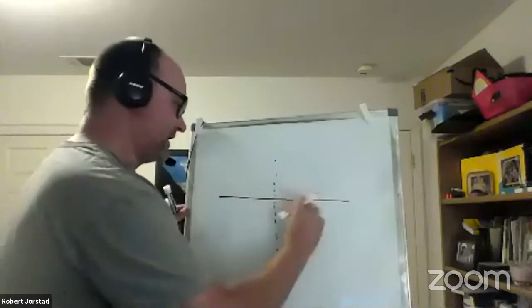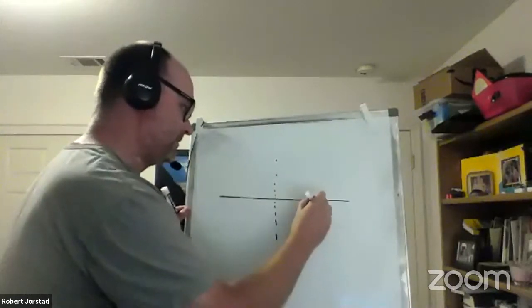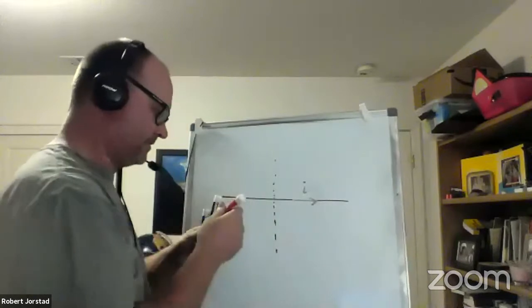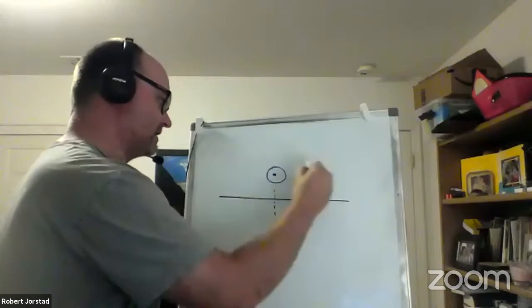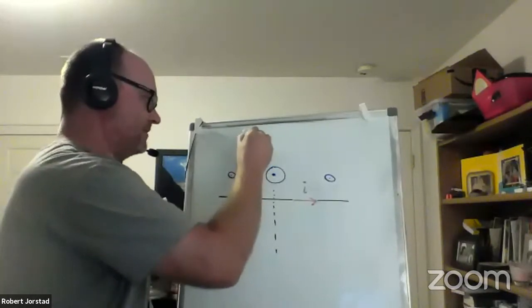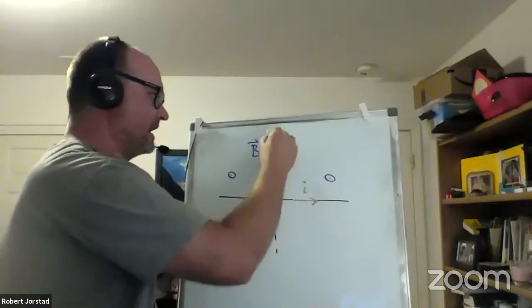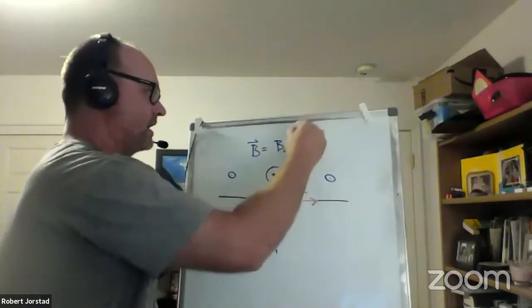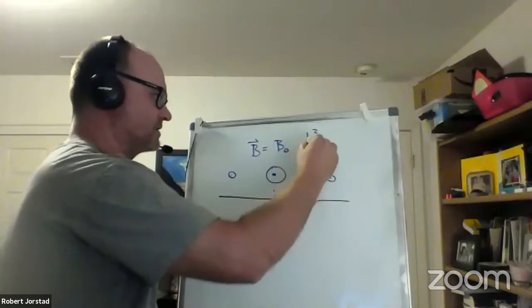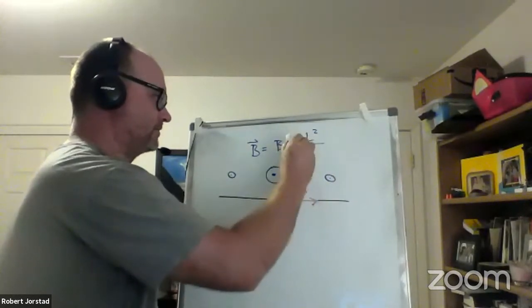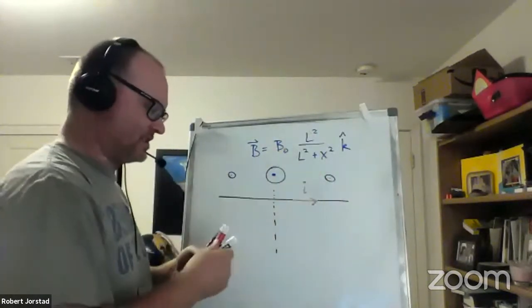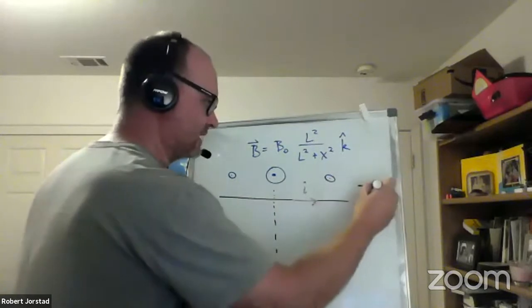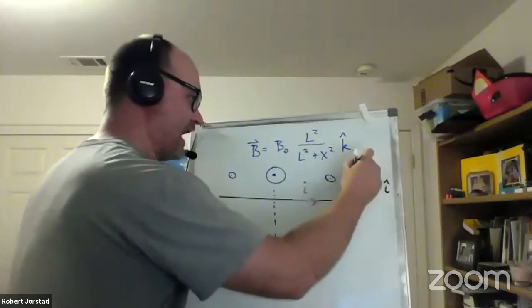The current is flowing this way. My B field is large in the middle and smaller out here. The equation for that we said was B naught times L squared over L squared plus x squared, in the k hat direction. So I'm assuming I have a normal coordinate system where this is i hat and this is j hat.